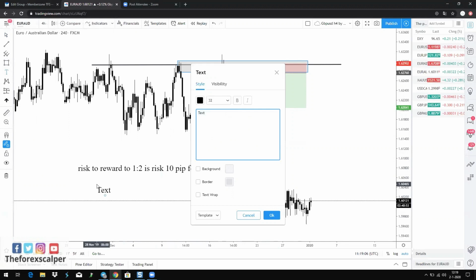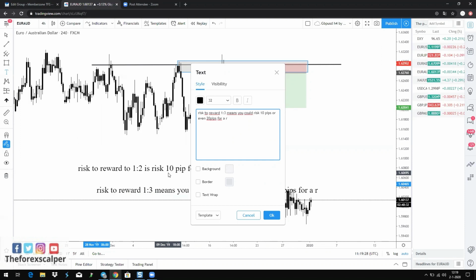Some of us use risk to reward 1 to 3, which means you could risk 10 pips or even 20 pips for a reward that is greater than 30 or 60 pips.